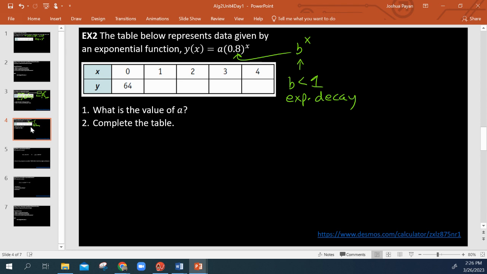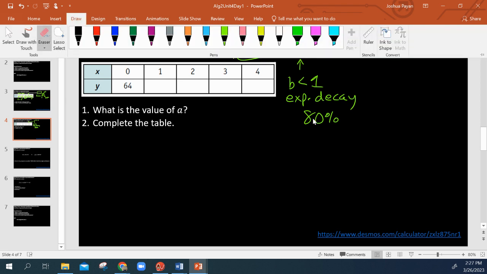This means that we're getting smaller in terms of magnitude, effectively by 80% for every increase of x by 1. So every time x goes up 1, we're getting 80% smaller by that exponential factor.